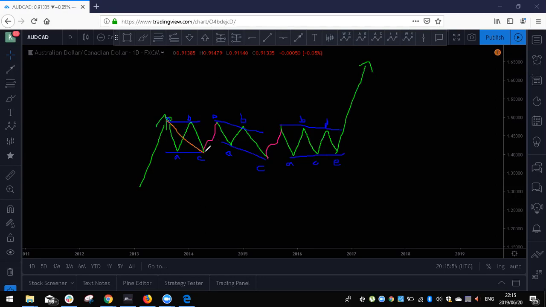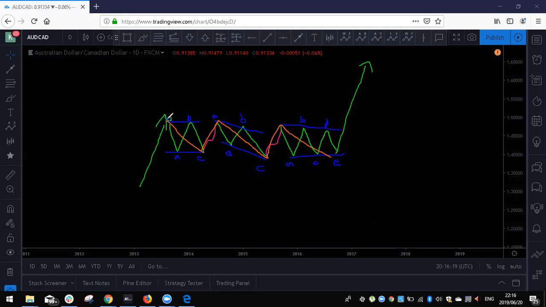You take this as one line, and then you take this fake momentum as another line, and then you take the entire zigzag as one line. You're striking through the correction. Once you've identified the correction, you just strike through.